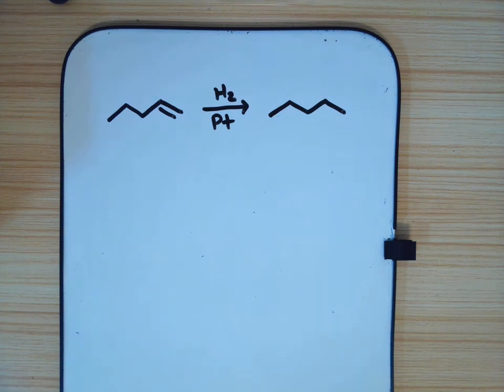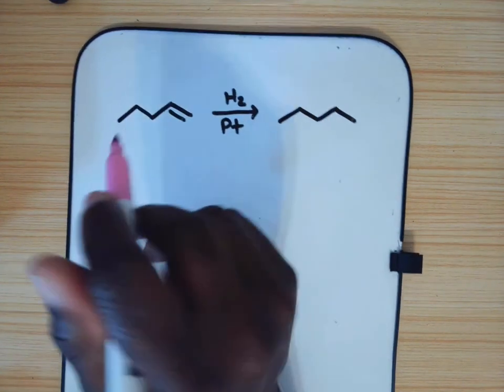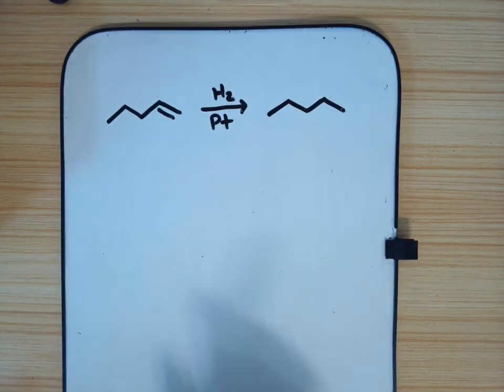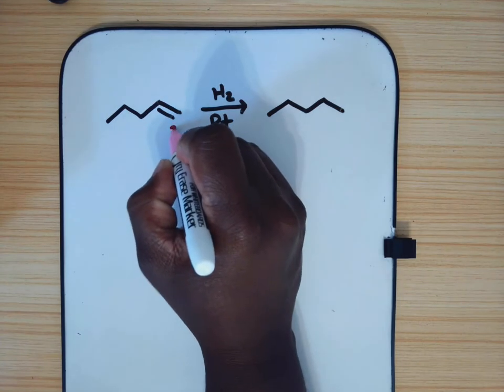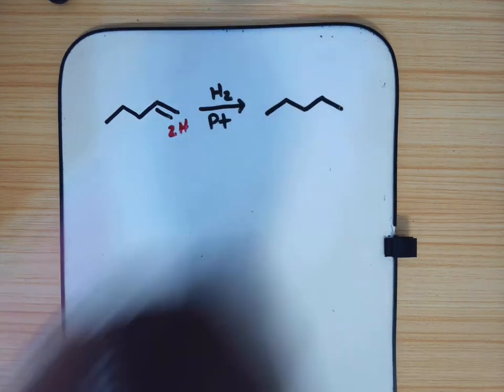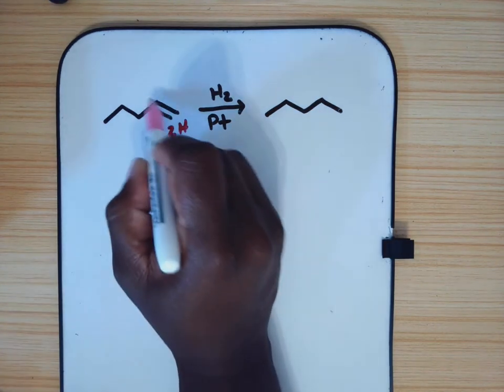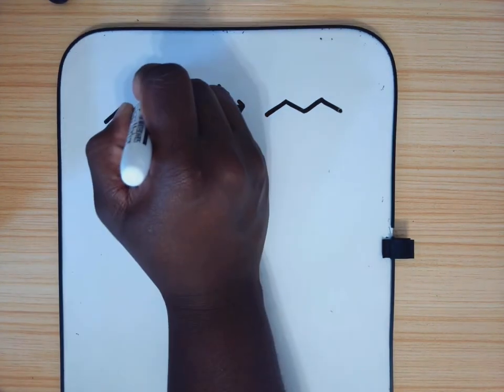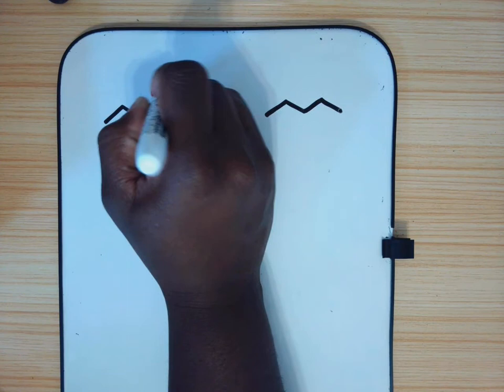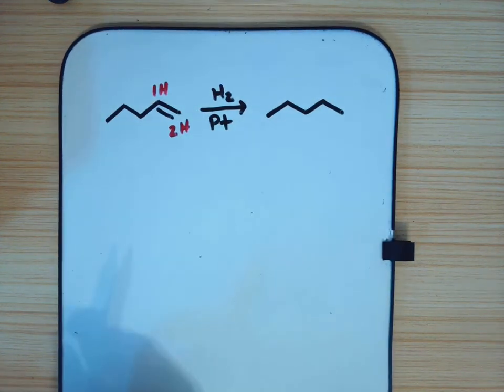So if we look at where the double bond was located, carbon 1 has 2 bonds. We know that carbon always wants 4 bonds. So since it has 2 bonds, there are 2 that we do not see, which would indicate carbon 1 has 2 hydrogen. Carbon 2, we can see 3 bonds. So that means that there is 1 bond that we do not see. So therefore, carbon 2 has 1 hydrogen.